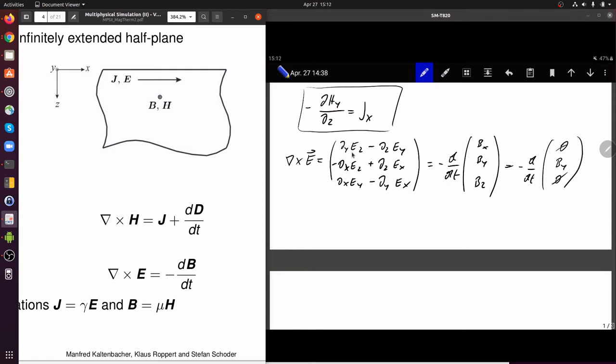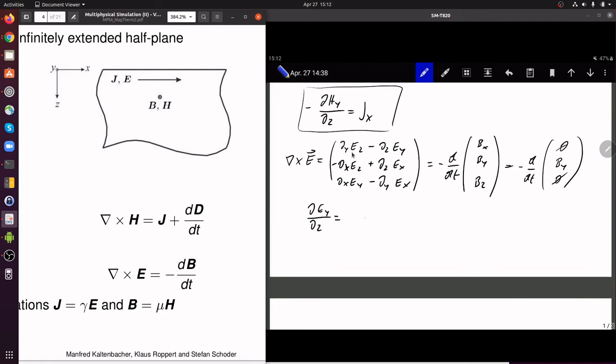The equation that follows is that the z derivative of Ey is minus dBy over dt, the time derivative. Okay.